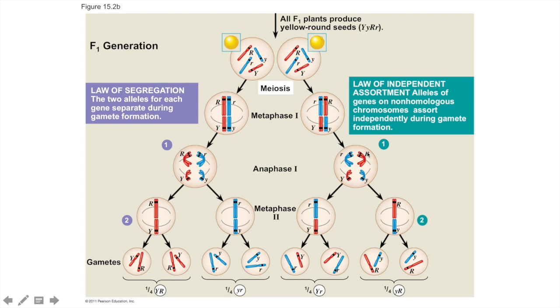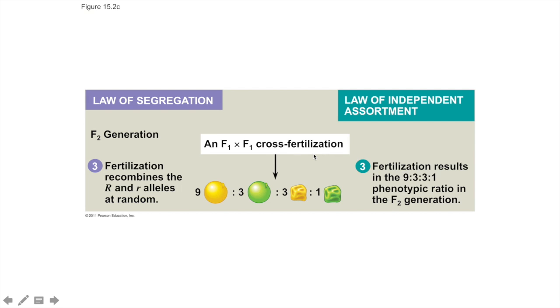So we might get a round gene and a green gene going to one gamete, and a yellow gene and a wrinkled gene going to another gamete. And that explains how he got the ratios that he observed in the F2 generation of 9 to 3 to 3 to 1. So 9 being double dominant, 3 being one dominant character and one recessive, 3 being the other character recessive and dominant, and then 1/16th of all of these peas being double recessive.